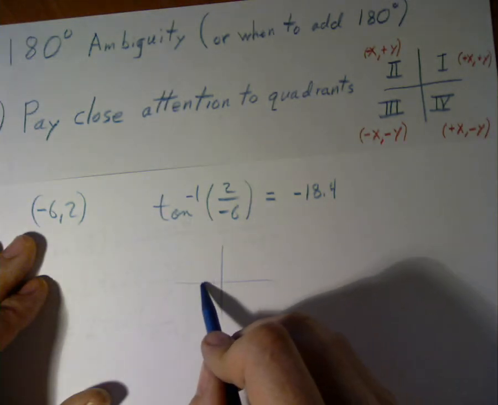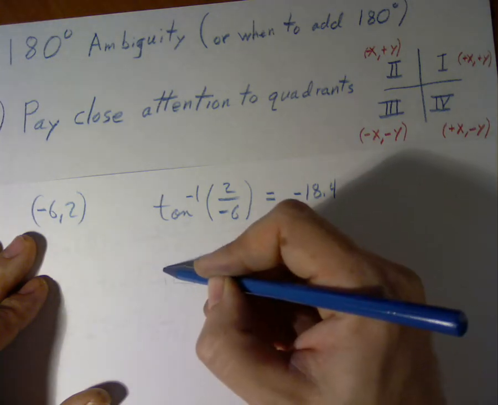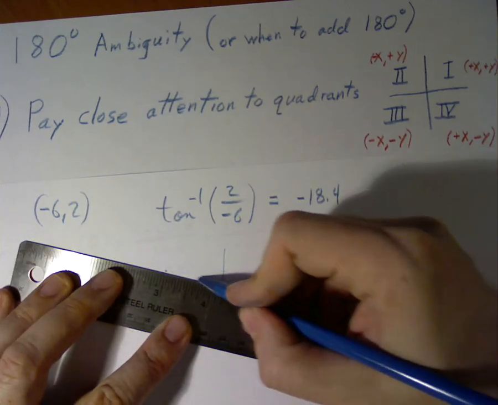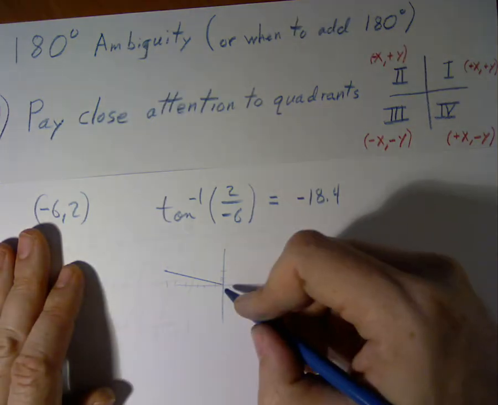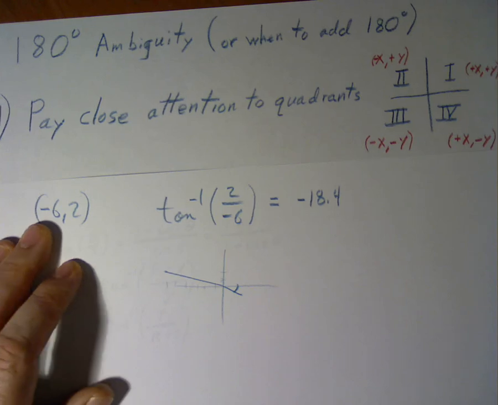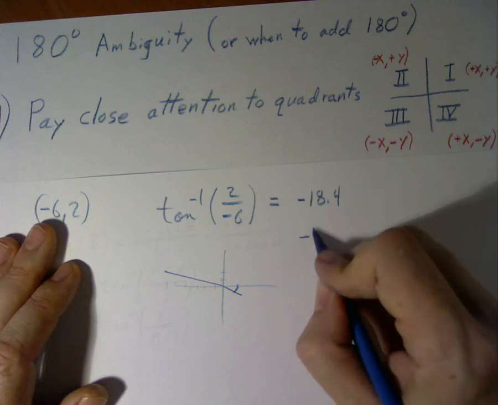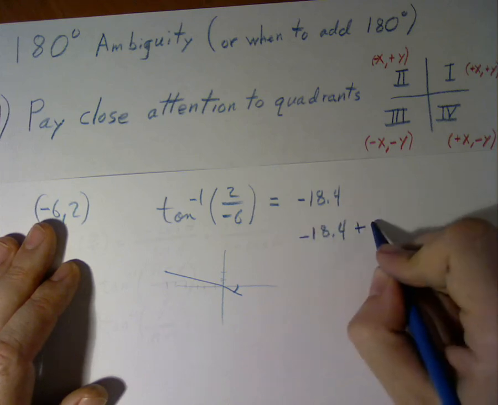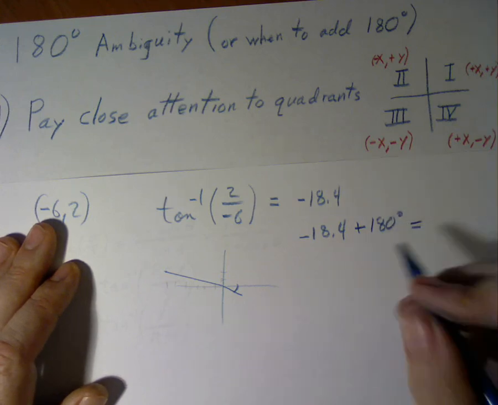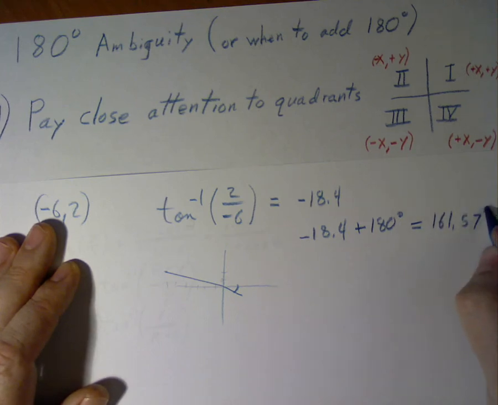It is negative 6 over, 2 up. The angle is over here, whereas 18 degrees would be right here. In this instance, we need to add 180 degrees to this. So we take negative 18.4, add 180 degrees, which gives us the correct angle of 161.57 degrees.